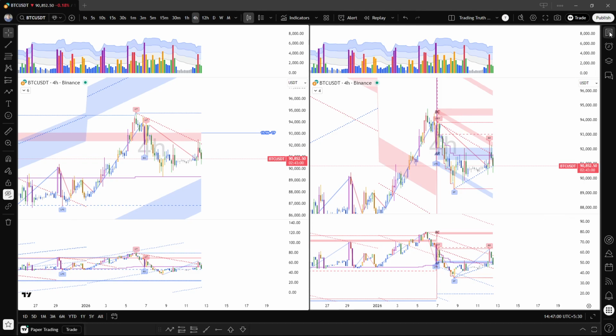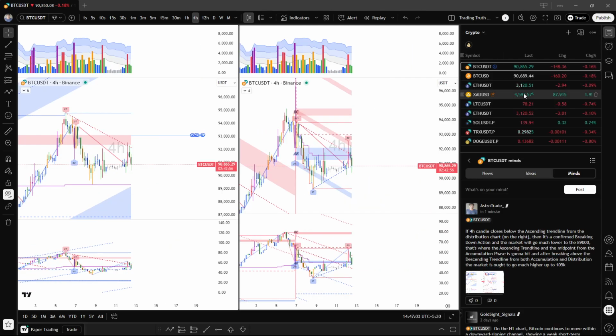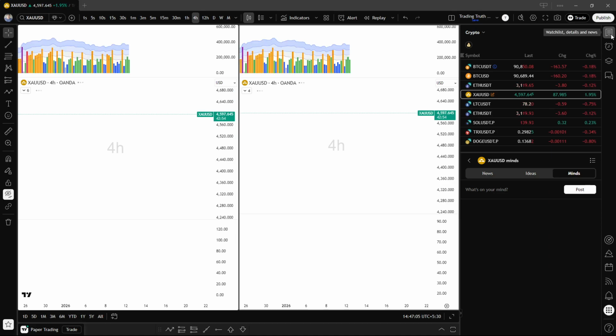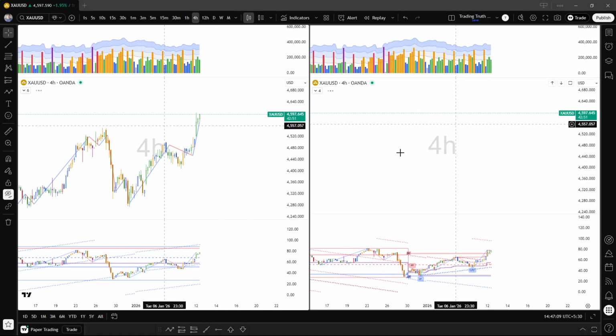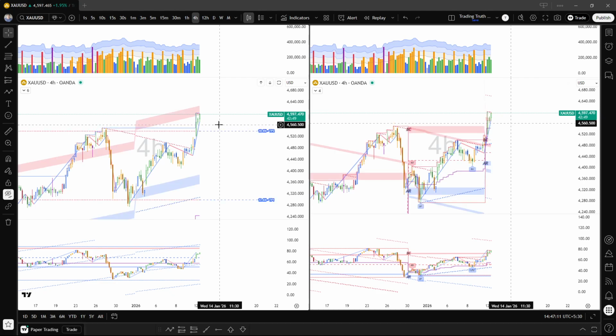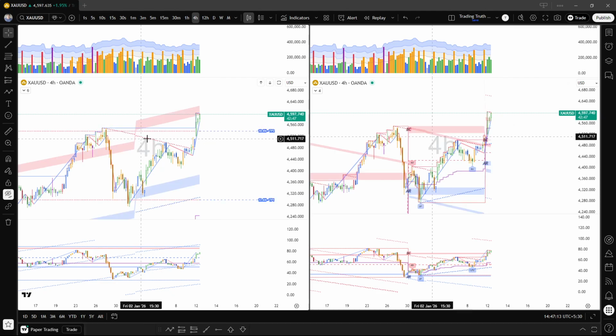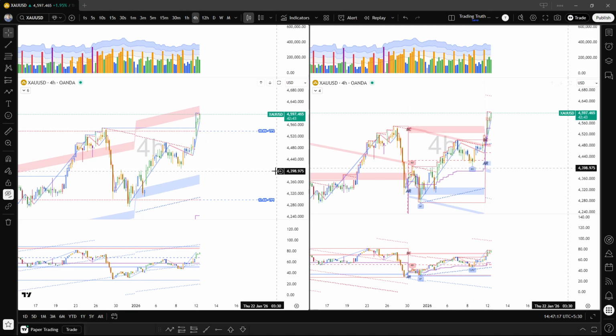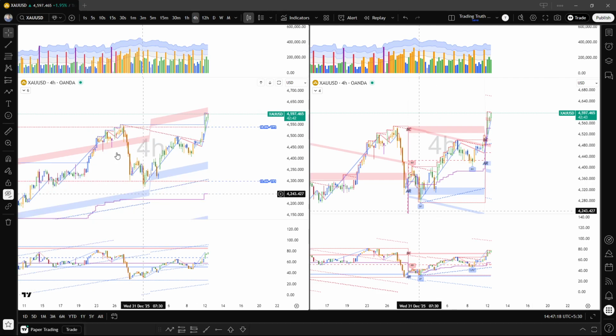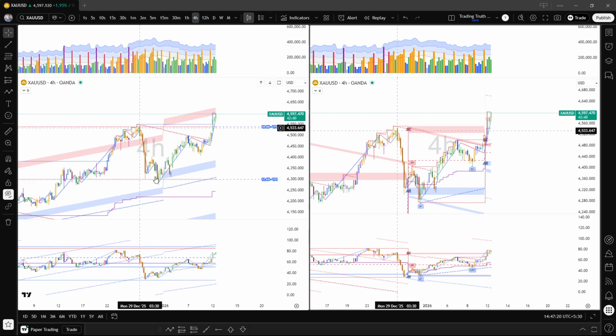Okay, so I mean we can apply this concept to any market. For instance, I'll just apply it on the XAU. By the way, making higher highs, and you can see as soon as it broke above this one, it's just going up. Okay, when it broke above that, it comes down, took support from there, and then it goes up there.